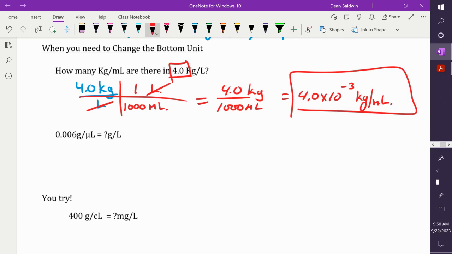All right. Grams per microliter to grams per liter.